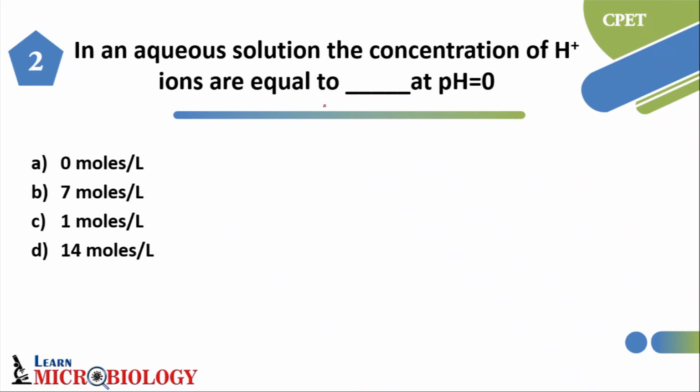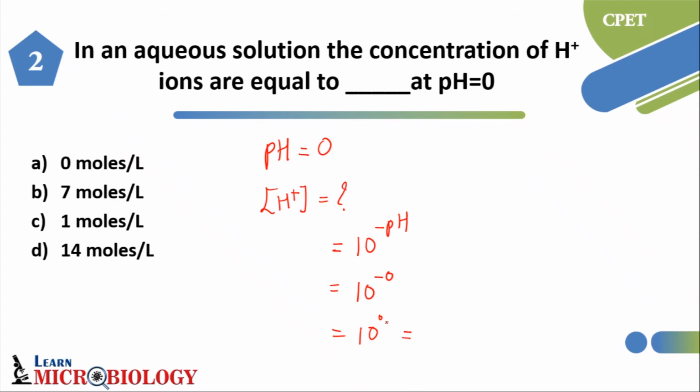So again here pH is provided to be 0, and you have been asked to find out the concentration of H plus. As we know, very simple, 10 raised to minus of pH is the formula. So you want 10 raised to minus of 0. Now as we know, 0 cannot be positive or negative, so it definitely has to be 10 raised to 0. We know here that 10 raised to 0, or any number raised to 0, will always be 1.